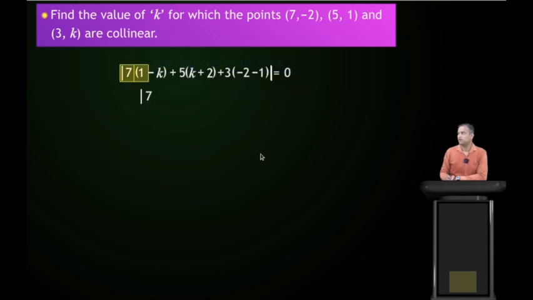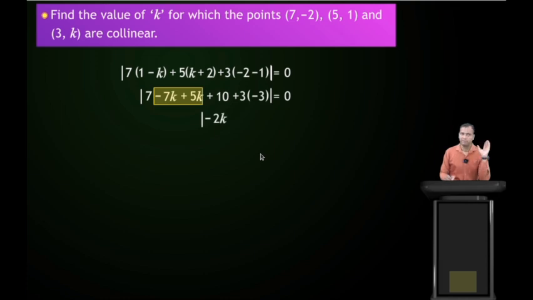So here you have to multiply 7 with the terms inside the bracket. So 7 ones are 7 minus 7k. This 7 is multiplied with 1 and then with k. Now same with the 5, multiply with k, it is 5k, very good. Then with 2 it is 10. Now add minus 2 minus 1, it is minus 3.